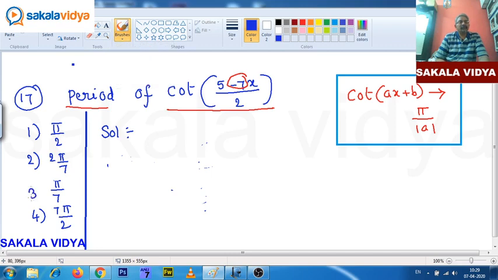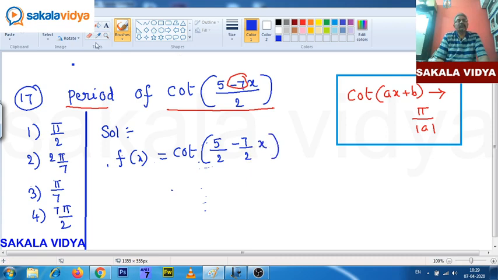Solution, let us write f of x. This can be written as 5 by 2 minus 7 by 2 x.